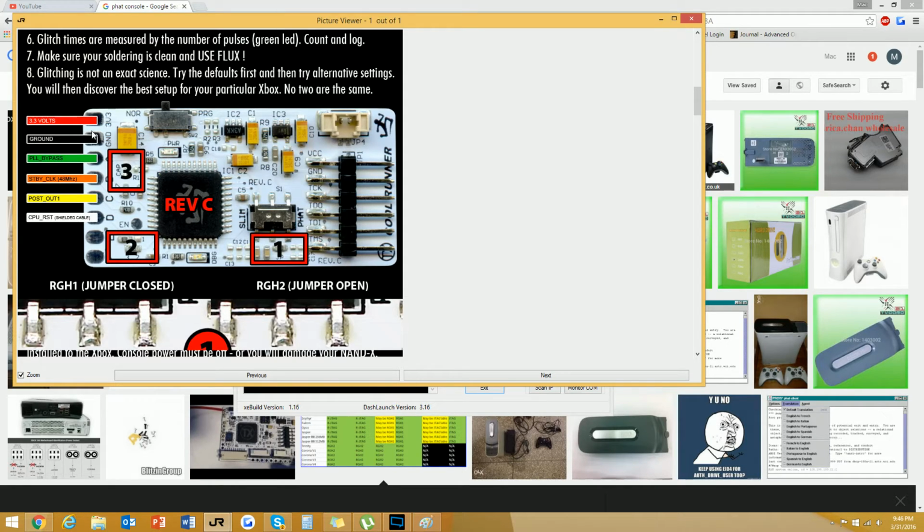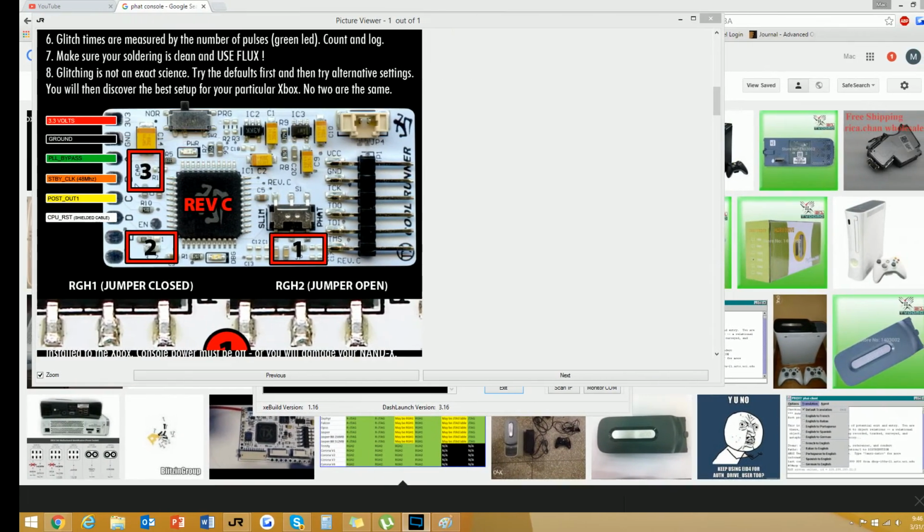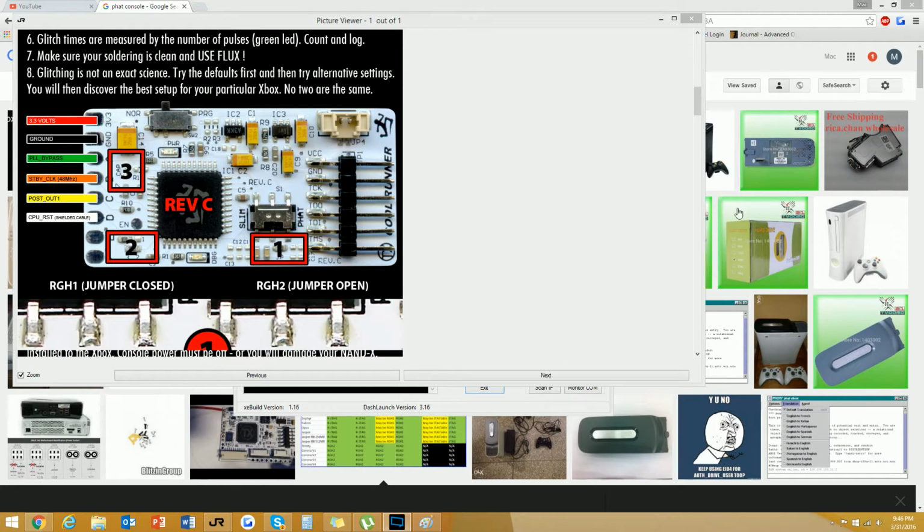So how the RGH1 would work. Okay, let's try this again. Sorry about that, guys. Okay, anyway, how this would work is that the chip would simply glitch the system.